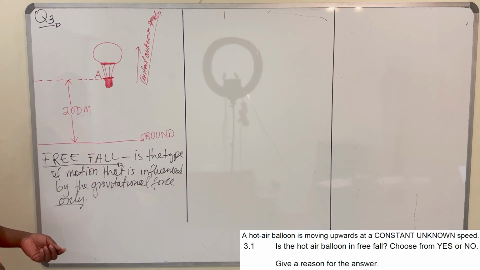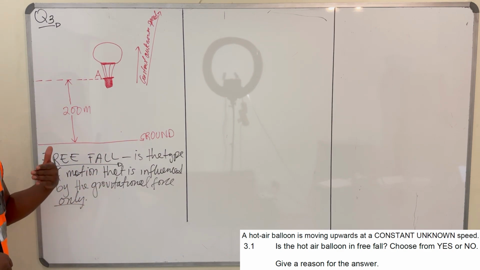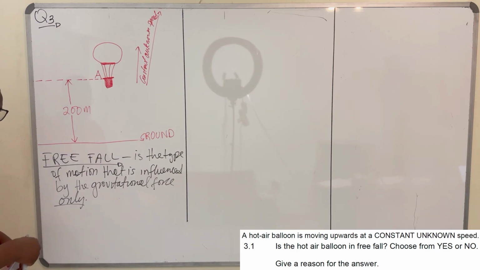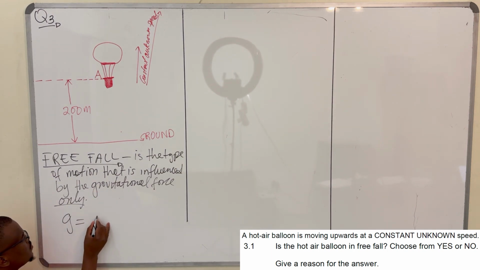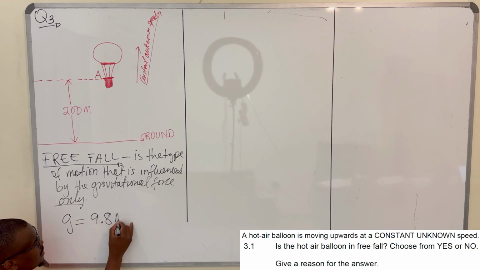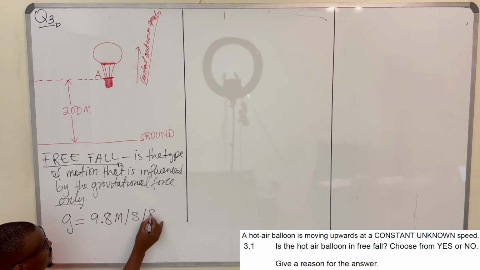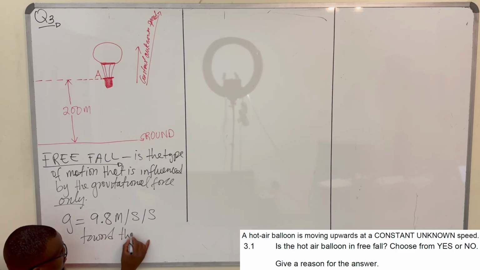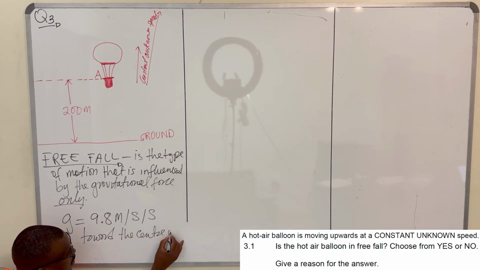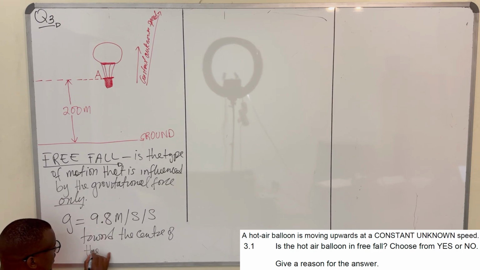And we know that if gravity is influencing our motion, the gravitational acceleration of that motion, g, is equal to 9.8 meters per second squared towards the center of the Earth.